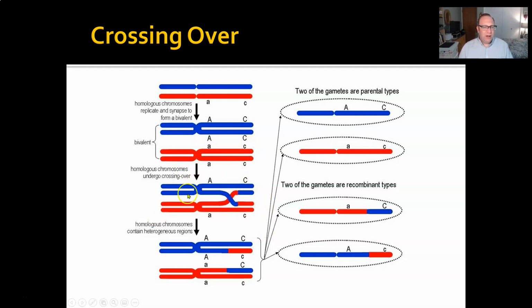And so now we go from having two pairs of identical chromosomes, where the blues are identical to each other and the reds are identical to each other, to now having four completely different chromosomes, or chromatids.